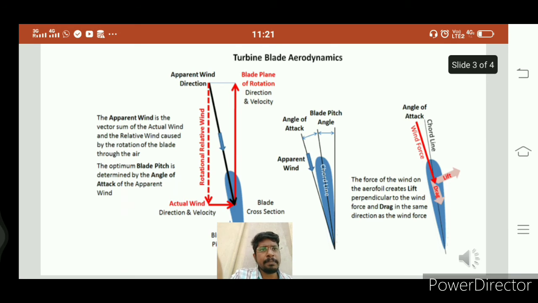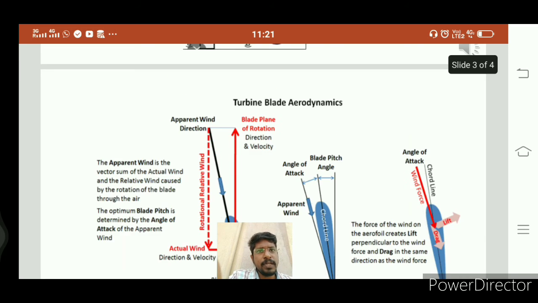Here in the turbine blade aerodynamics, we can see how the blade works with the wind. Here you can see the actual wind direction and velocity. With the actual wind, while the blade rotates, another component of the wind is derived, that is the rotational relative component.